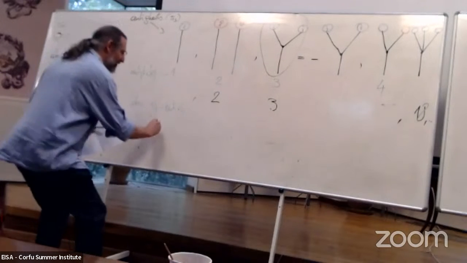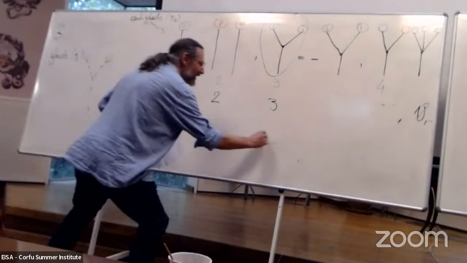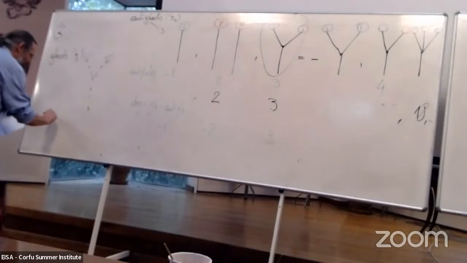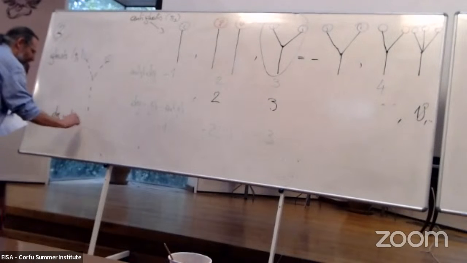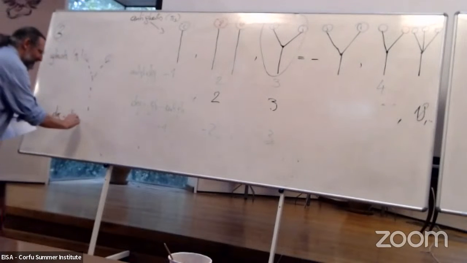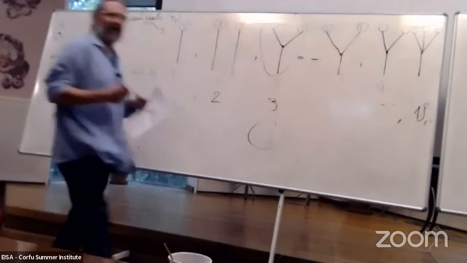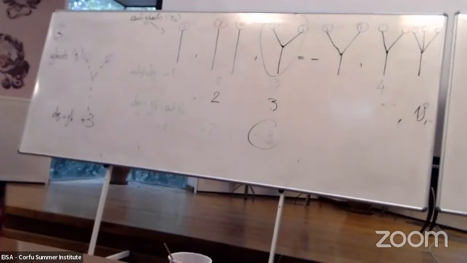So then this becomes -1, -2, -3, and should be flipped on the board going in the other direction. And this has a ghost degree of, for example, +3 now, whereas this has -3.